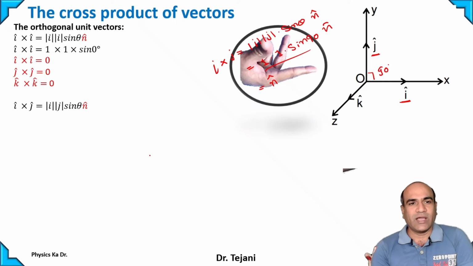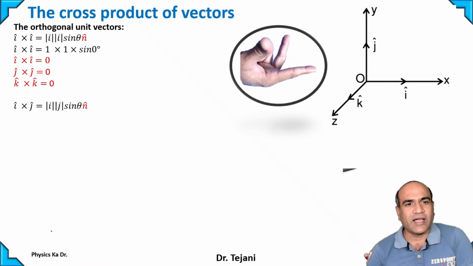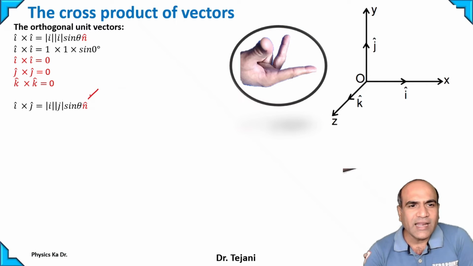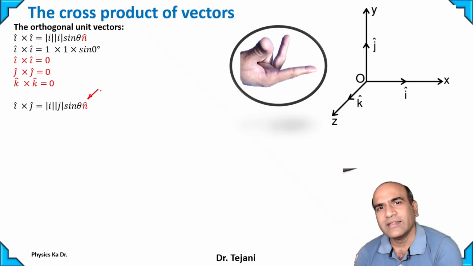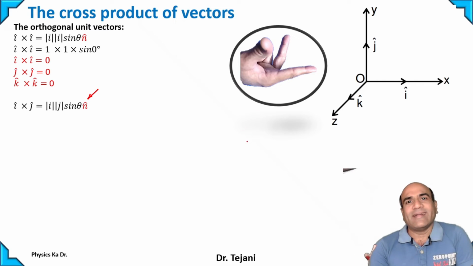Now here, to identify the direction of n, we require our right hand.